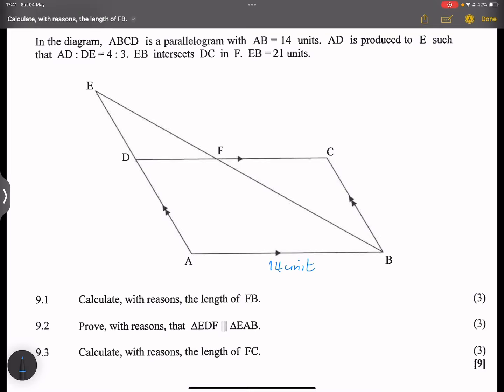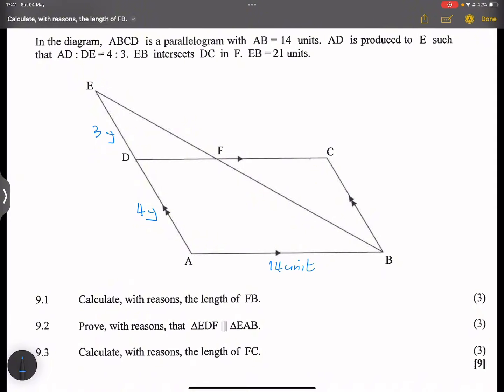Now, notice, ladies and gents, when they've given us a ratio, I'm going to express it in terms of variables. So this is 4y over 3y. That's AD over DE, that's 4 over 3.